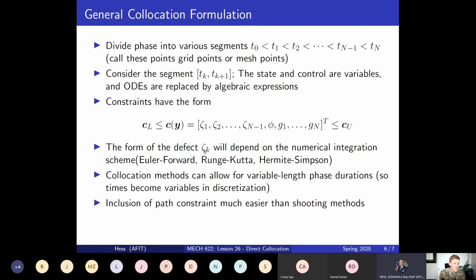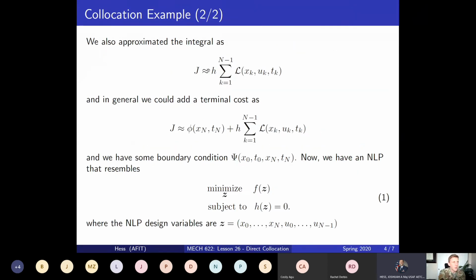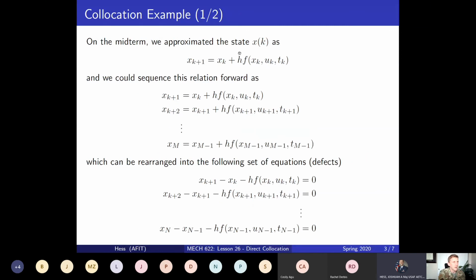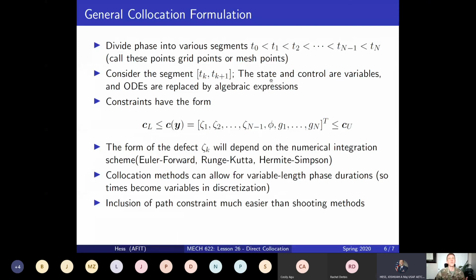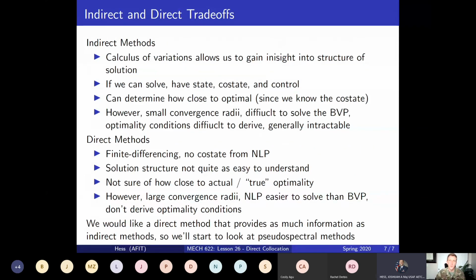And like we said here, the defect is going to depend on the numerical integration scheme that you use. And fun fact, with direct collocation methods, you can do some math to show, as you write out how you're doing your collocation and as this h, or that distance, goes to 0, relations between your Lagrange multipliers from the NLP and the co-states.